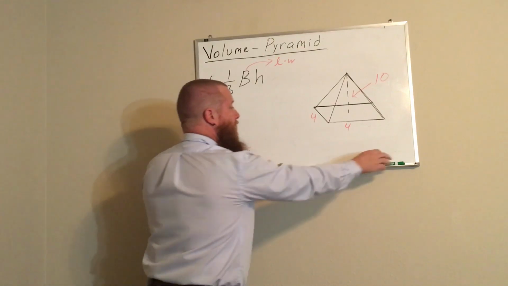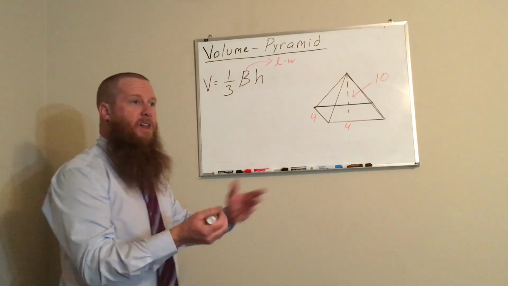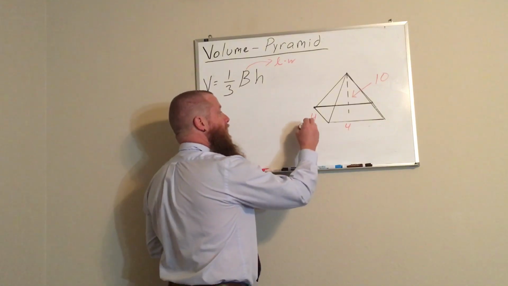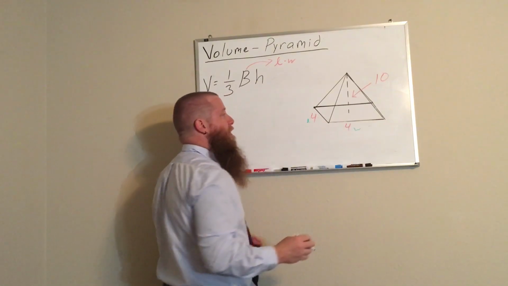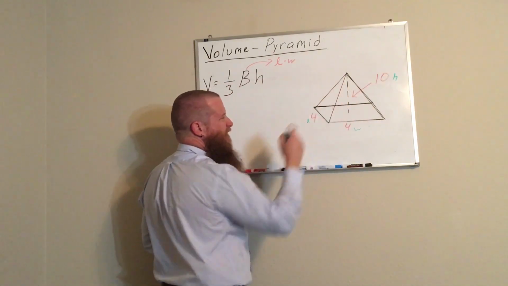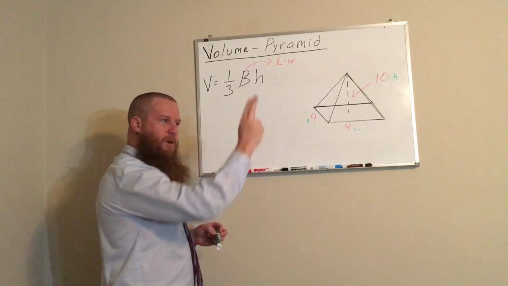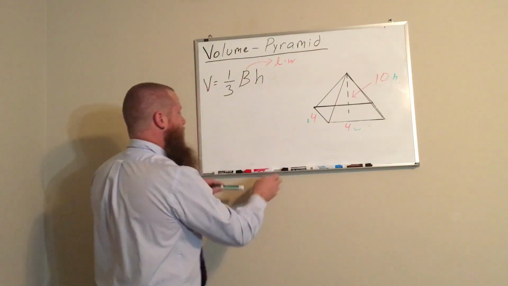Fortunately for us, every base is going to be a square, so there's not a lot of confusion here. So we've got a length and the width should be the same. The height is this value that runs down the center of the pyramid. It's not on the face of the pyramid, but it goes through the center of the pyramid.